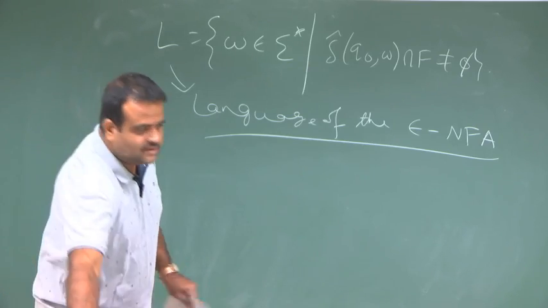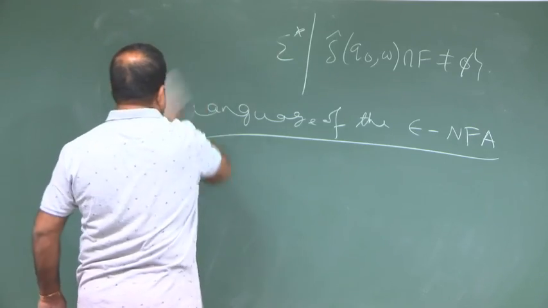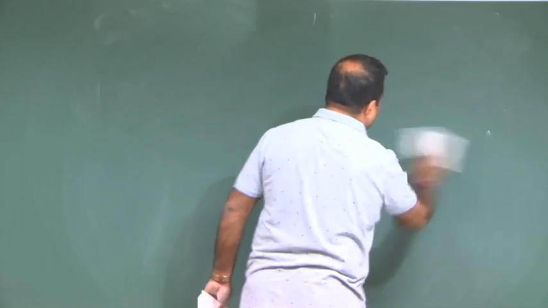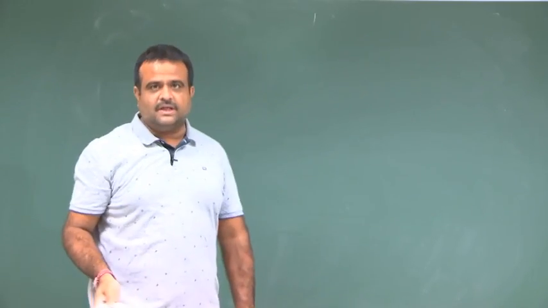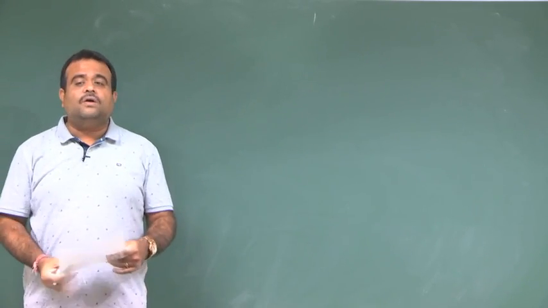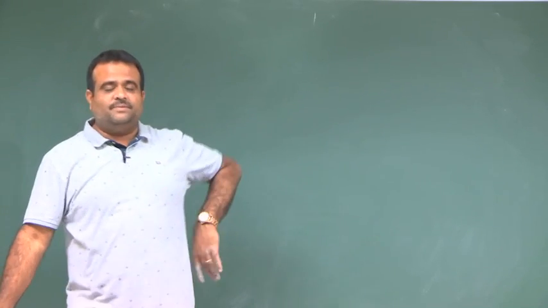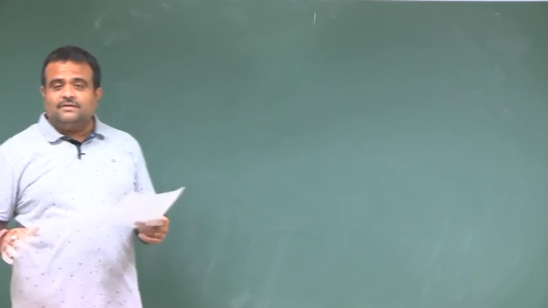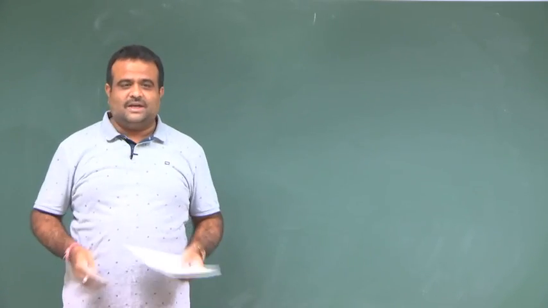Let us take the last example. Later on we will see that from an epsilon NFA we can have an NFA, and from an NFA we can have a DFA. So, all are basically accepting the regular language, but not going beyond it.